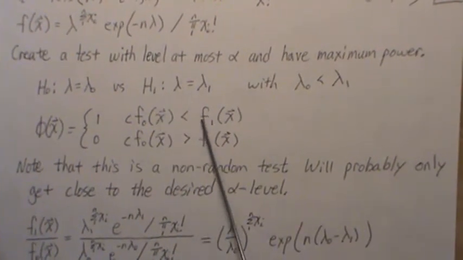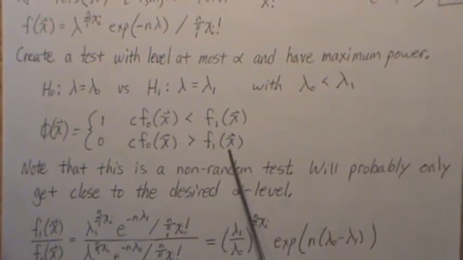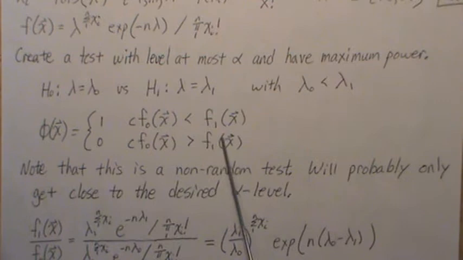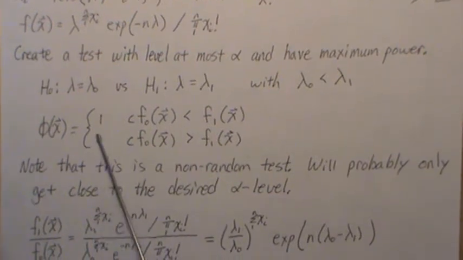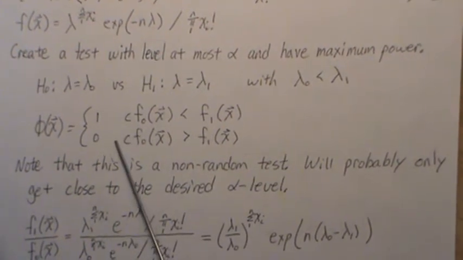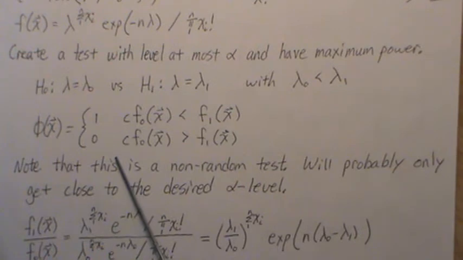Of course, I like to divide both sides by f0, so we have the likelihood ratio greater than some constant c, or the likelihood ratio less than some value c. Now note that we're going to create a non-random test here, and that's probably what I'll do for most of the videos from here on out.